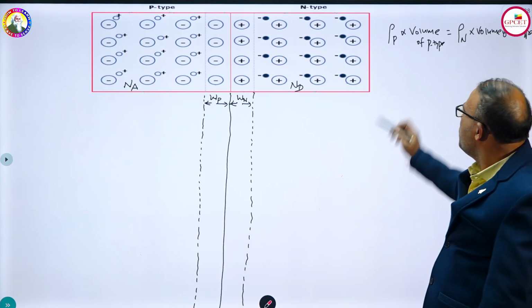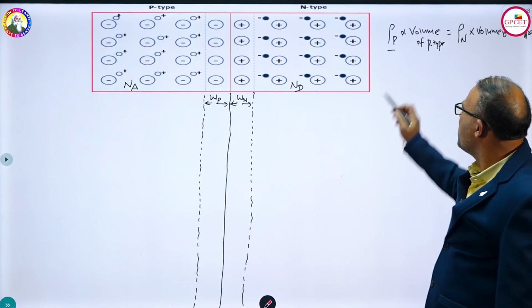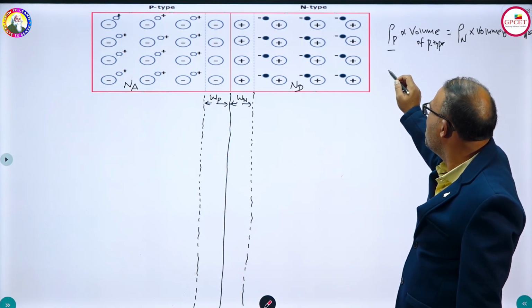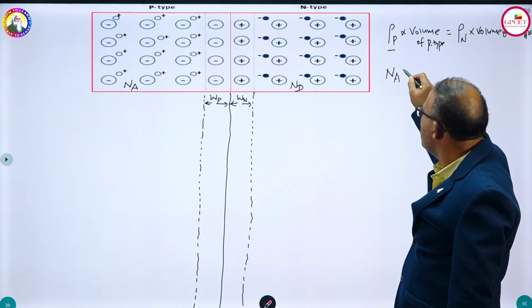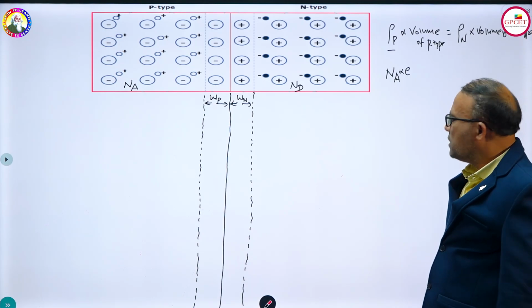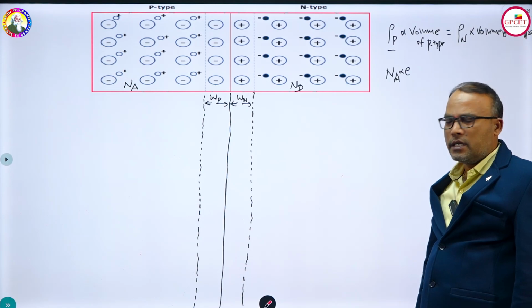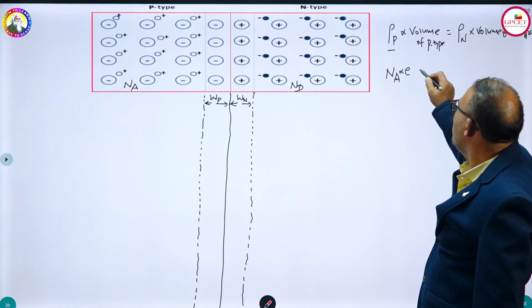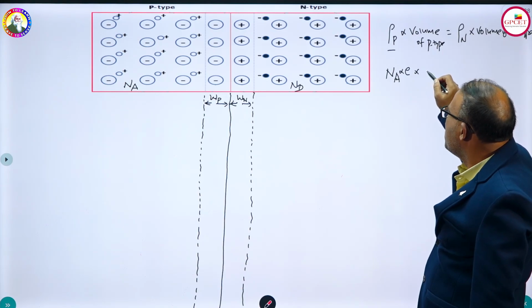Okay, so what is this charge density? We have already learned that charge density can be written as p times e or n times e. Therefore, for the p-type semiconductor it is the acceptor concentration Na times the electron charge e. Similarly, volume is length times area.